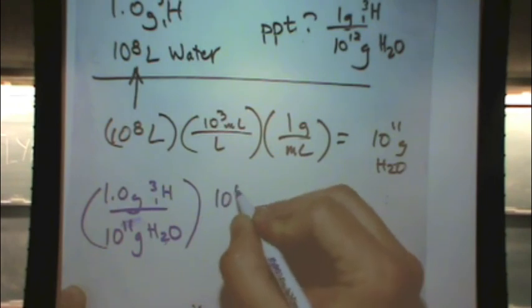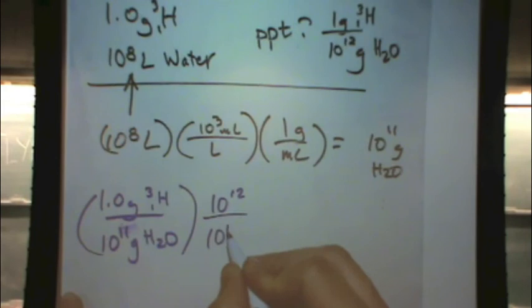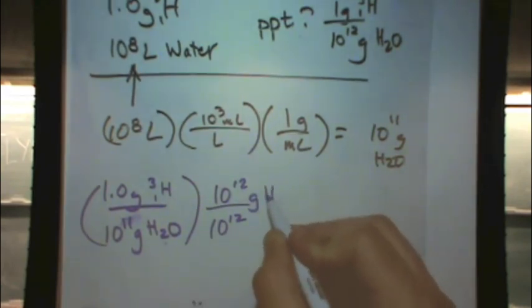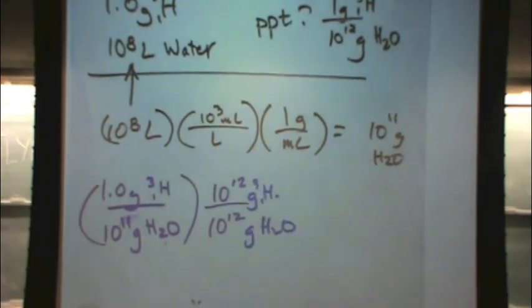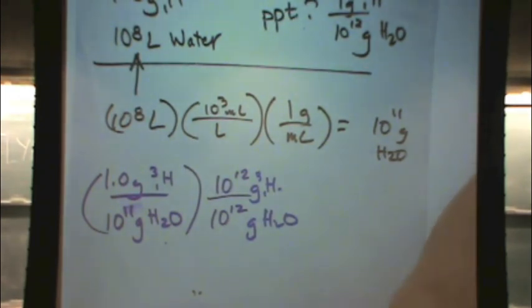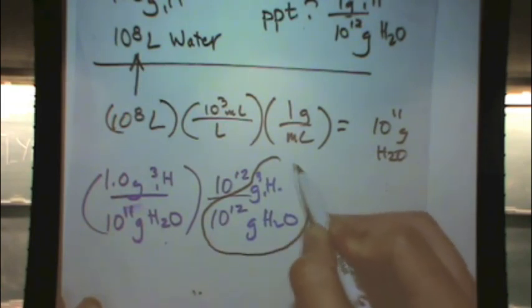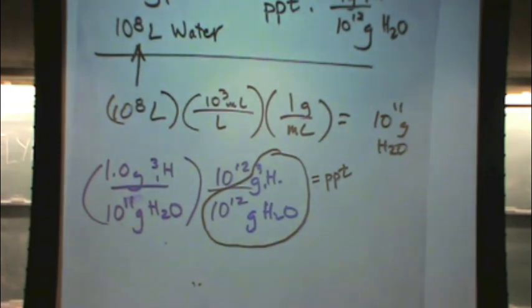So it's 10 to the 12 over 10 to the 12, because I'm multiplying by 1. And this would be grams of the tritium, divided by grams of the water, essentially. Let's get it black here. That is parts per trillion. So you multiply this times this divided by that.